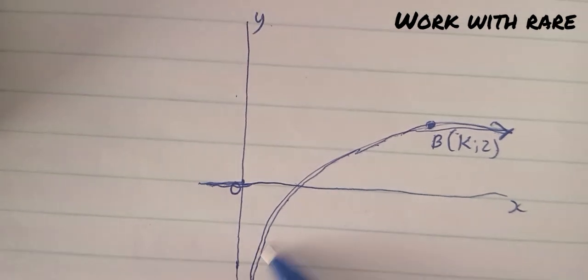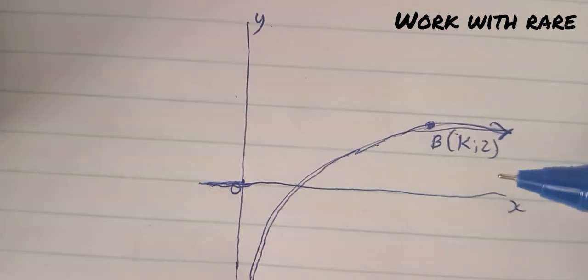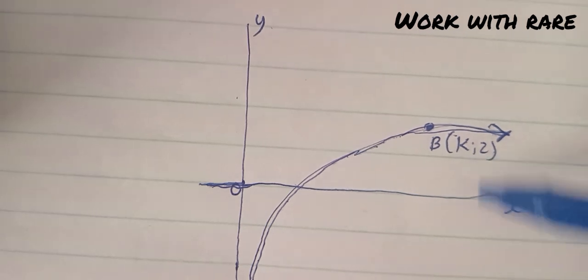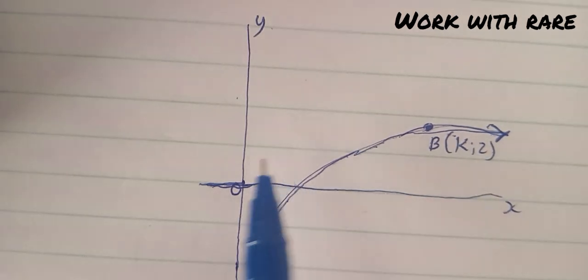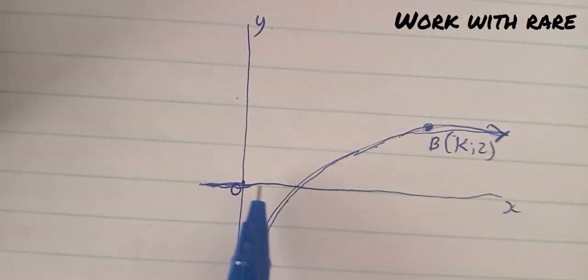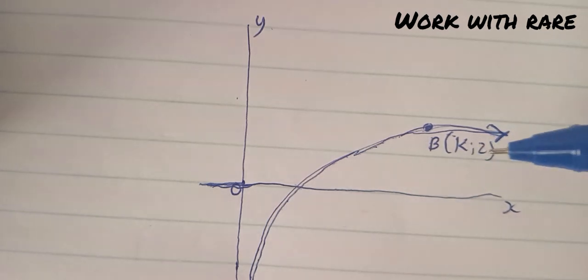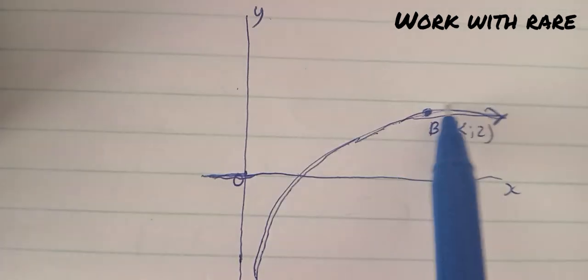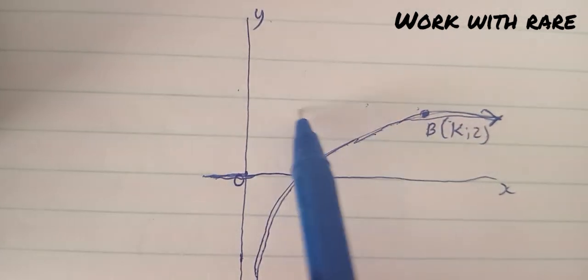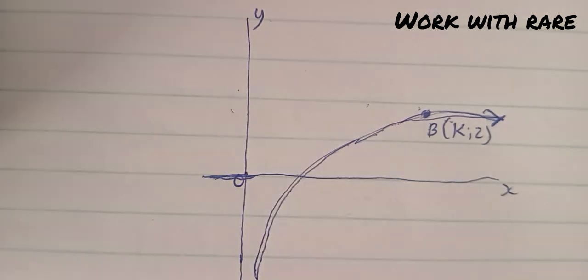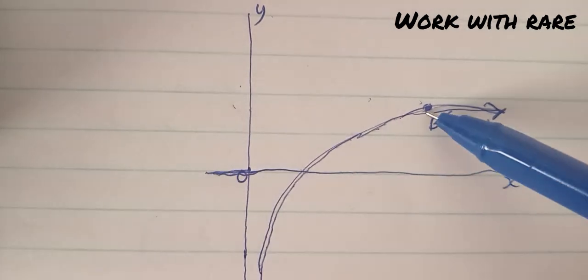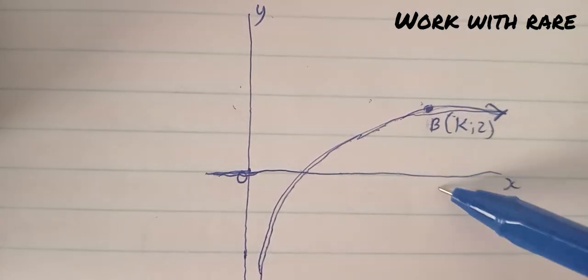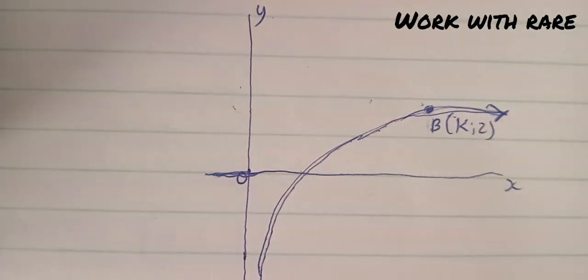So here is B. We can see B is in the first quadrant. The first quadrant is where the y value is positive and the x value is positive. We can see that our y value of B is 2. Here we don't know the x value because we don't know the value of k.